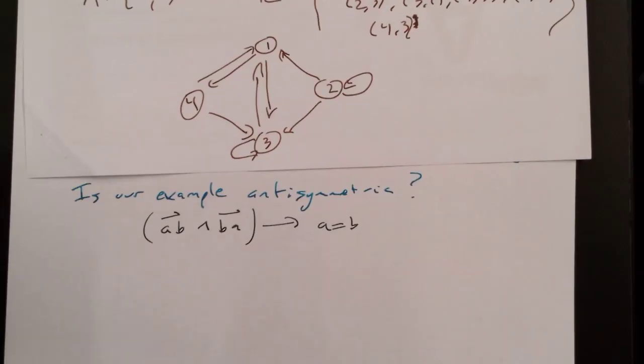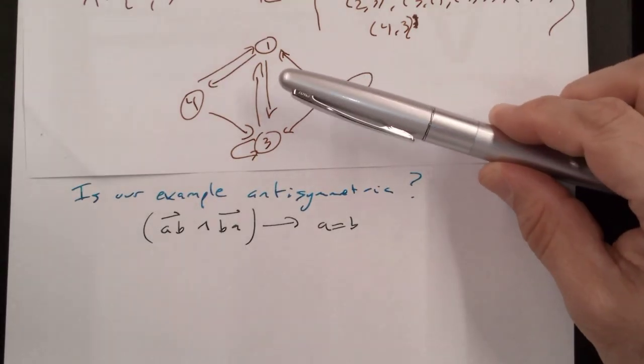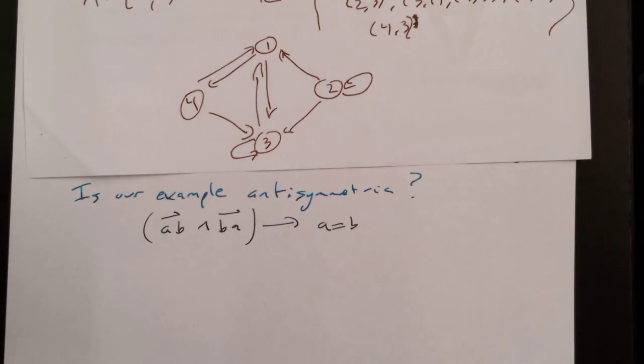Wait, look at our picture here. Right here, I have an arrow that goes from 1 to 3. And I have the arrow that goes from 3 to 1. Are 3 and 1 the same thing? Therefore, this is not antisymmetric.